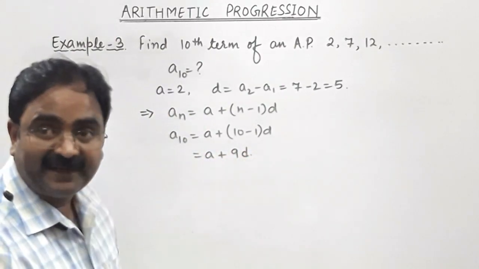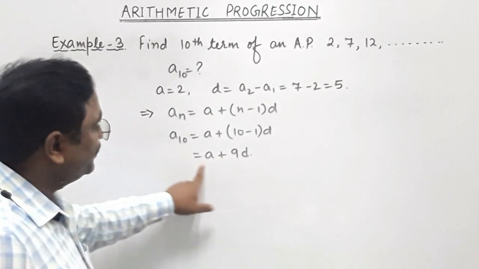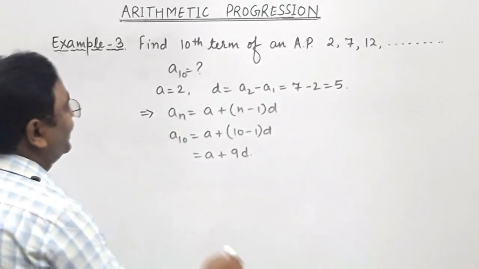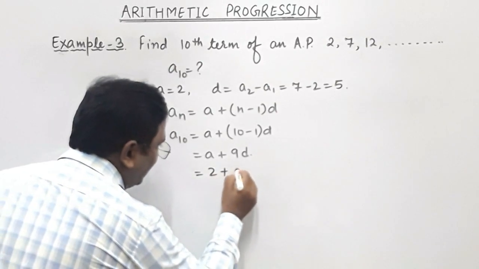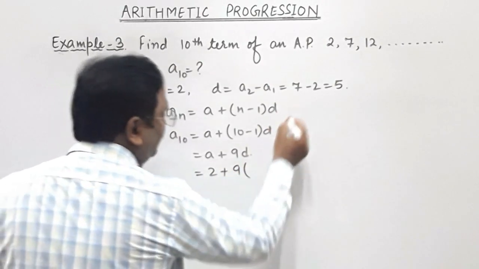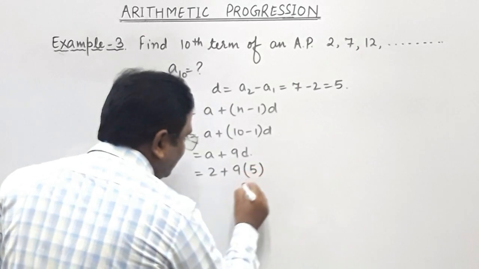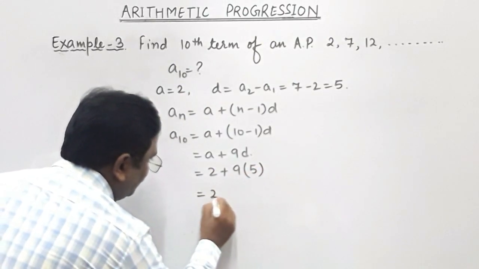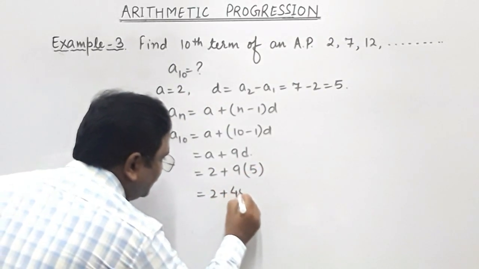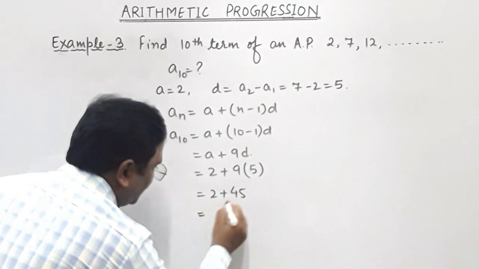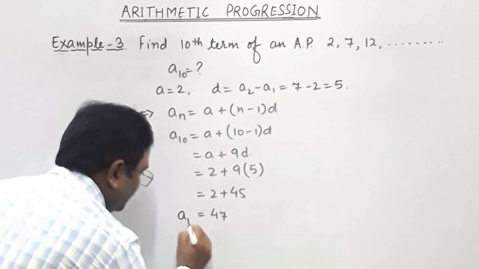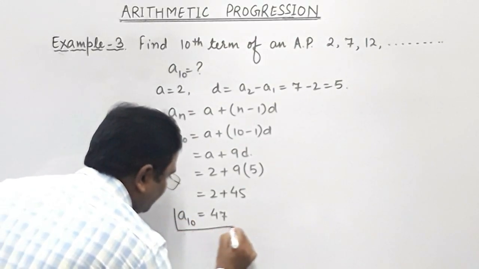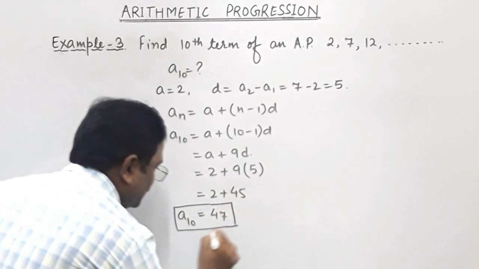Children, keep it in mind. As the 10th term is a plus 9d, substitute the value of a, which is 2, and 9 into d, and the value of d is 5. So let us simplify it. 9 times 5 is 45, and 45 plus 2 is 47, which is the 10th term of this series.